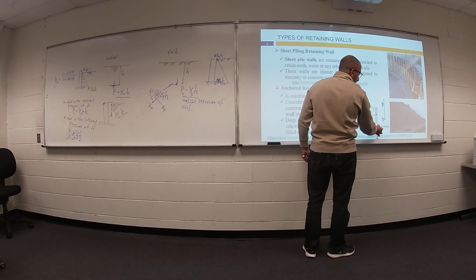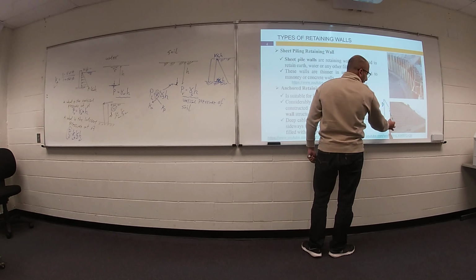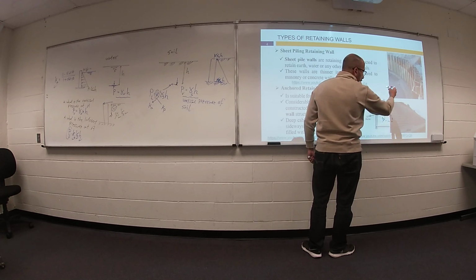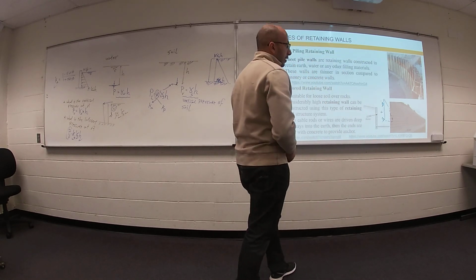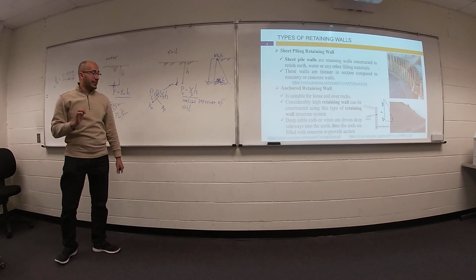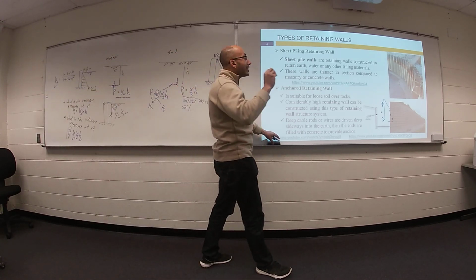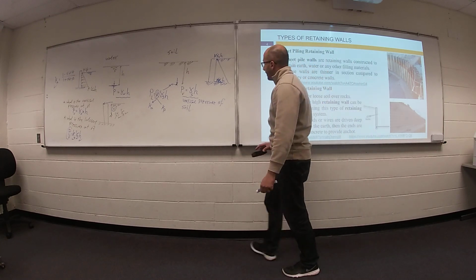Put your lateral force, whatever the shape, draw your bending moment, draw your shear force, draw your axial force, go ahead and design. So the first most important step in a retaining wall: what is the load? What is the pressure? What is the soil pressure?